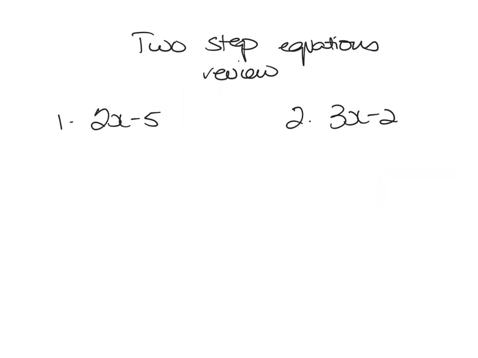Let us now review how to solve two-step equations. If we have 2x minus 5 equal to 0 and 3x minus 2 equal to 0, let us see how we would solve that. The first thing we will do is add 5 to both sides, so we get that 2x is equal to 5.